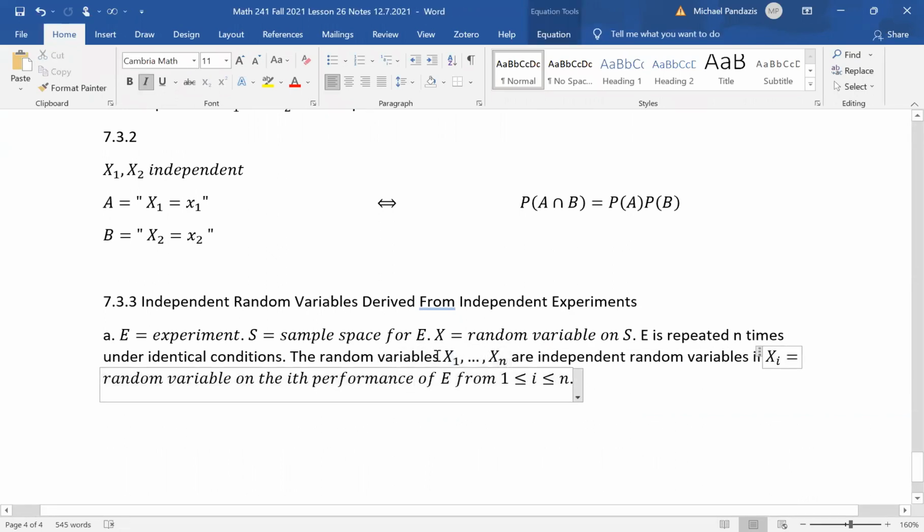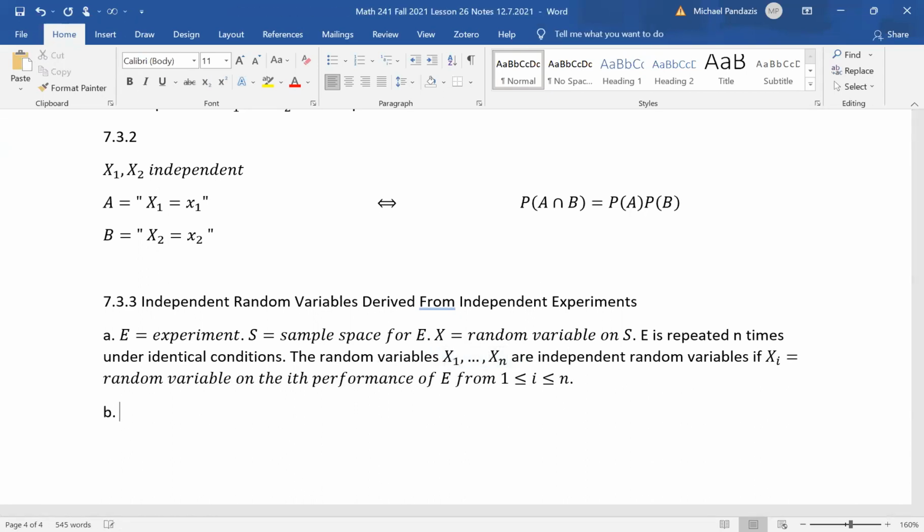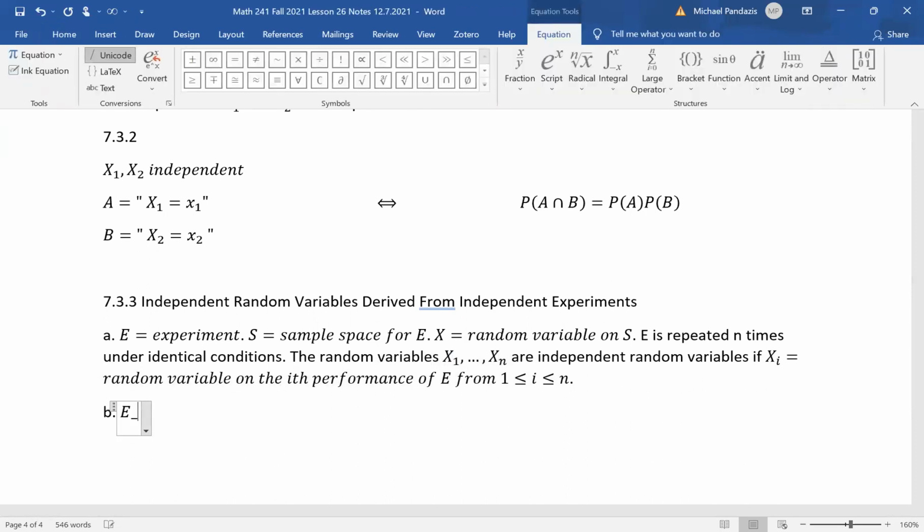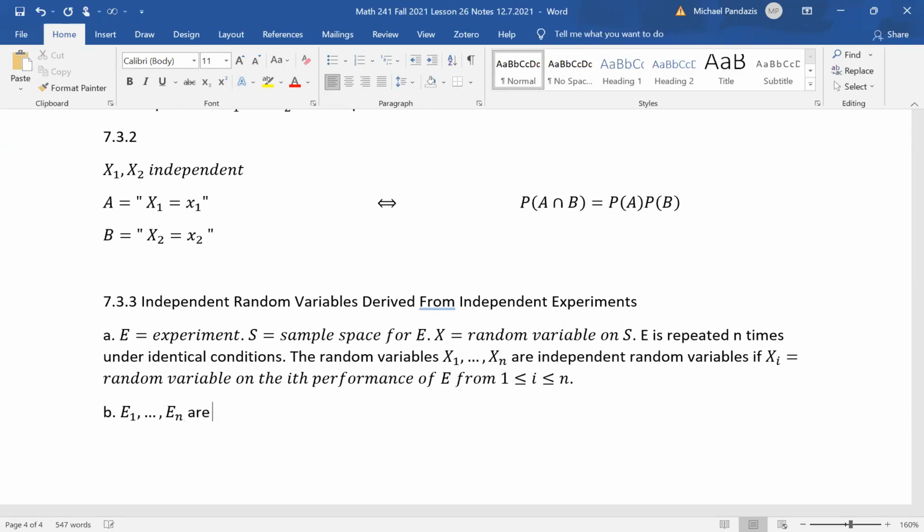And all those random variables from the first time you perform the experiment to the last nth time, together they're independent random variables. Okay, and part B, if you have E1 to En, and that they are separate and distinct experiments.